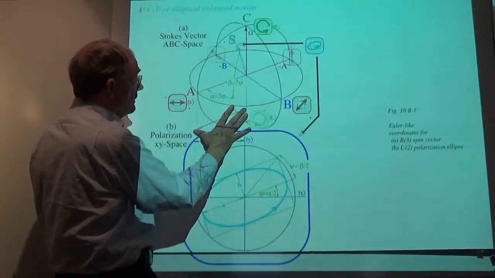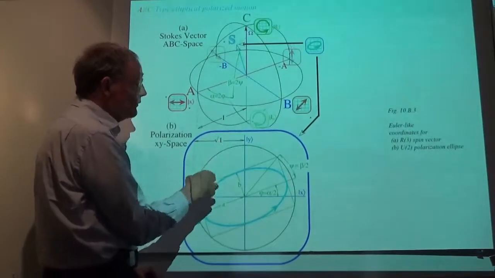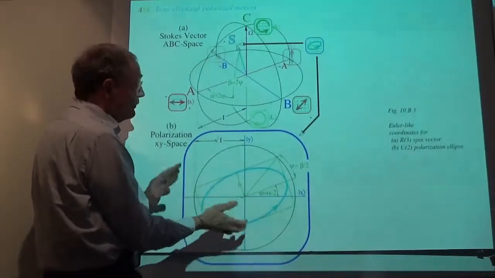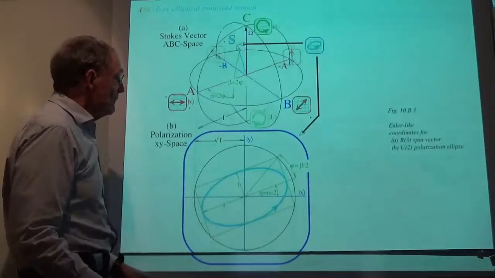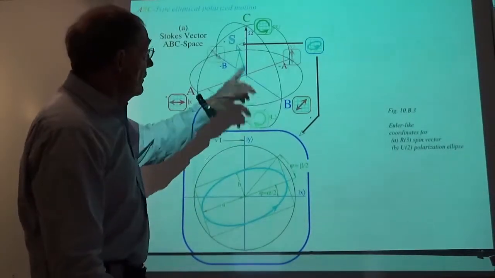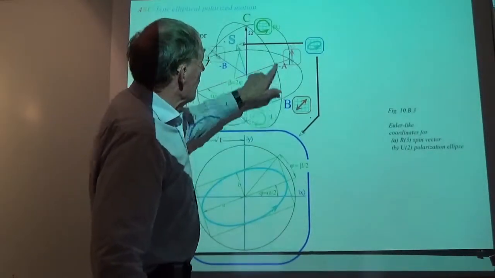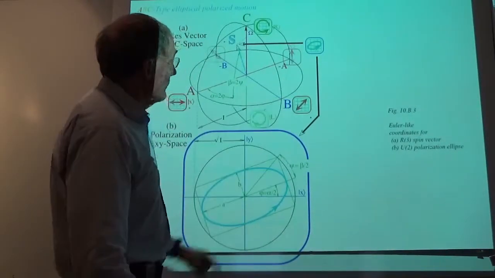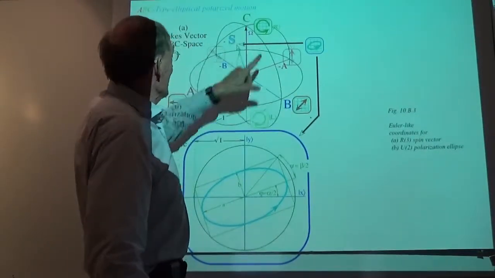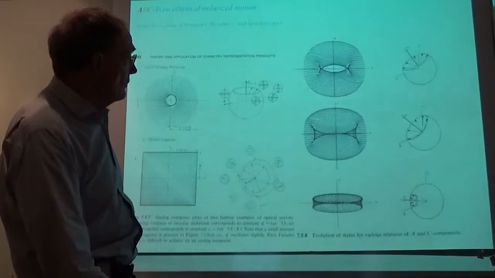This is the intensity, which is square rooted. And this is why I say this space is the square root of that space that we live in up there with the A, B, and C, or X, Y, and Z, which is the stuff that we've been talking about.